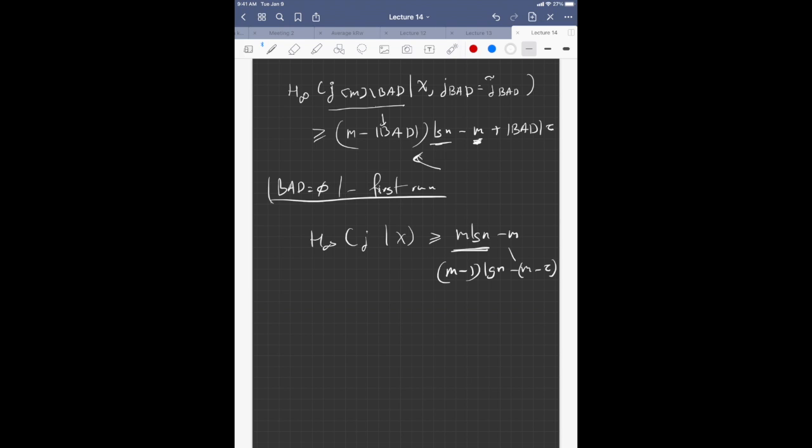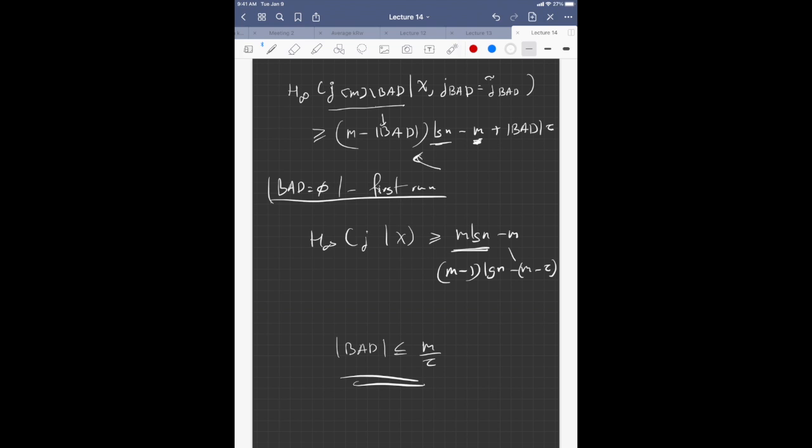So we get that in the worst case, the cardinality of bad is at most m by tau. So this is like the earlier pruning argument.